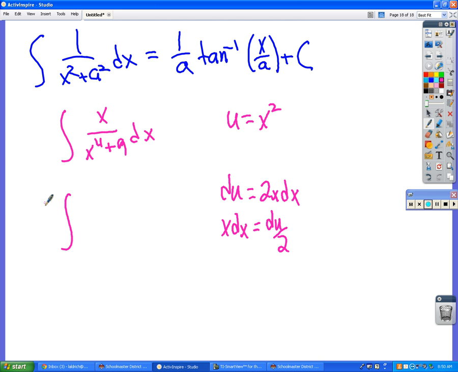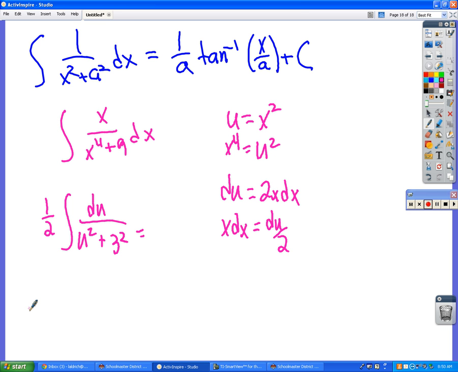So I can rewrite this as 1/2 du over, if u is x squared, x to the fourth is u squared. And then I can think about 9 as being 3 squared. Now if I use this formula right here, it's going to be 1 over a, so 1 over 3.